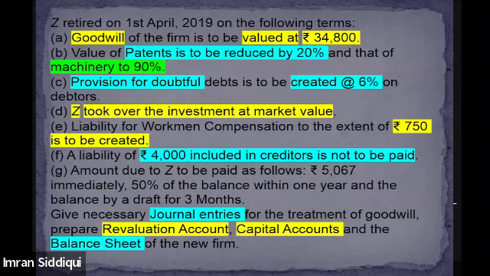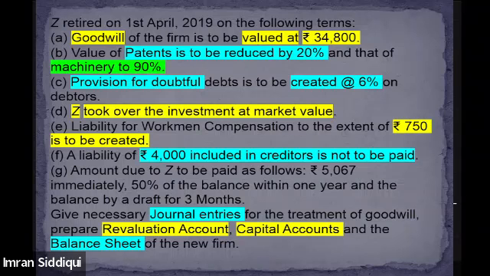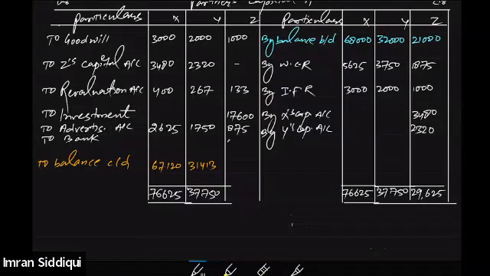All right. So let me show that as well. To bank, amount is 5067. Now tell me the remaining balance.